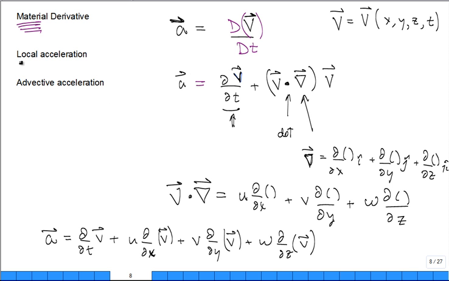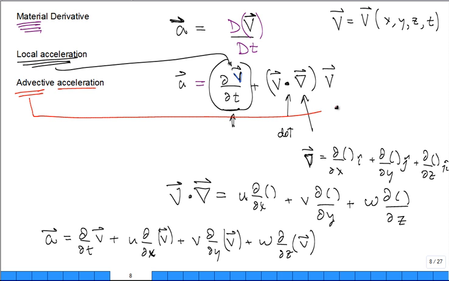The local acceleration is what everybody readily grasps, that term. It's just our typical, if you didn't know anything else, you'd say, hey, just do the time derivative of the velocity field, and that's your acceleration field. It's not, it's part of the equation. The other acceleration is called the advective acceleration, and the advective acceleration is due to the particle being swept through.